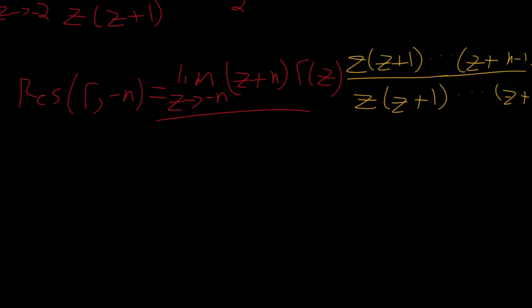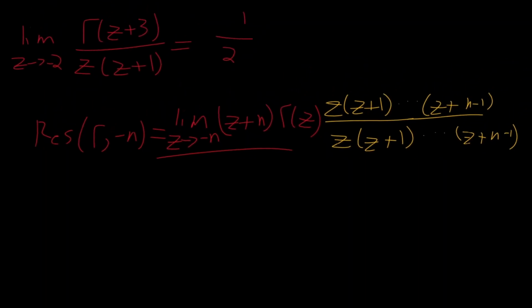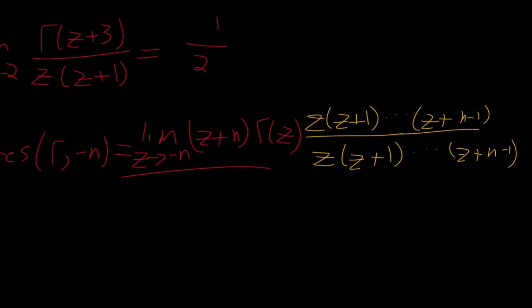So what do we have in the numerator? Well, we can do what we did before and group all of our terms. Gamma of z times z is going to be gamma of z plus 1. And then gamma of z plus 1 times z plus 1 is going to be gamma of z plus 2.